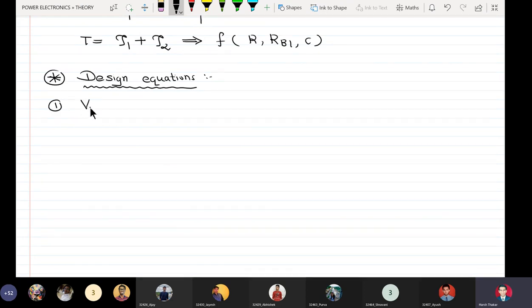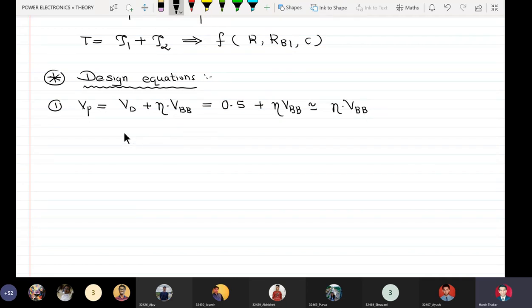First design equation is the emitter voltage VE equal to peak point voltage VP, which is equal to diode drop plus eta into VBB, which is equal to 0.5 plus eta into VBB, approximately equal to eta into VBB, where eta is anywhere from 0.51 to 0.82.